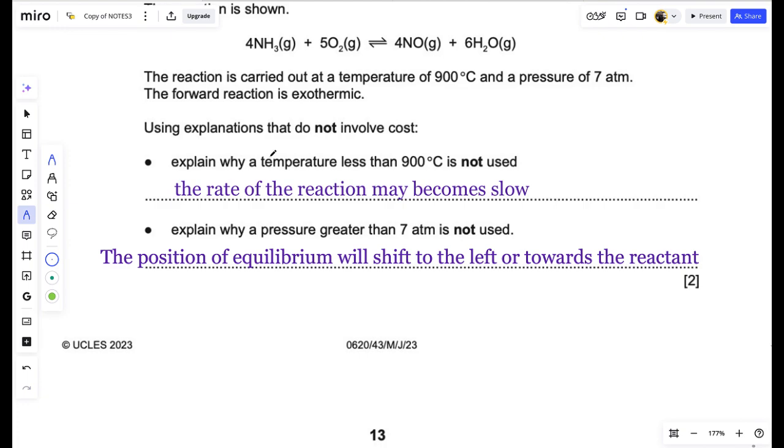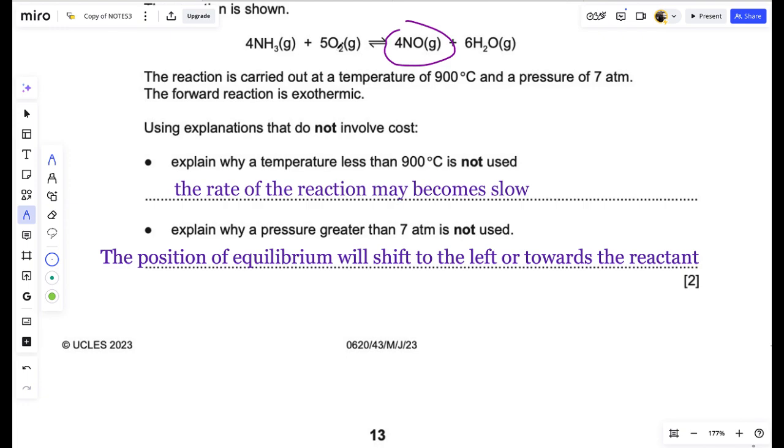So what we give you is the maximum of what you're looking for. Whenever we're talking about pressure in the exam, remember to always talk about the equilibrium position. You don't want it to shift to the left, to the position of the reactant, because you want the product. So if you increase the pressure above 7, instead of maximizing the production of NO, the NO would have reached its maximum and it will start breaking back down to ammonia and oxygen again.